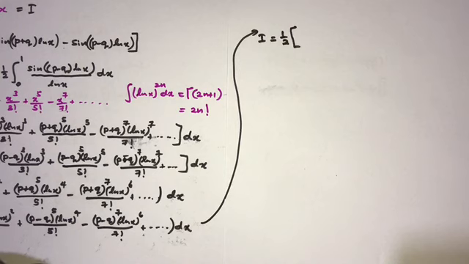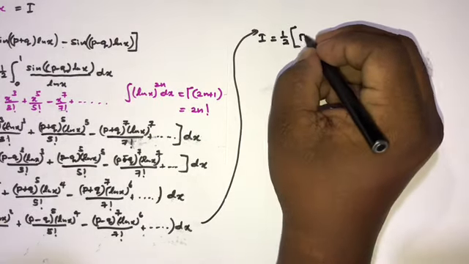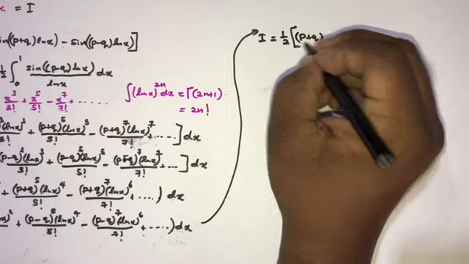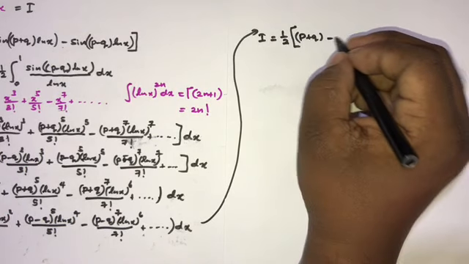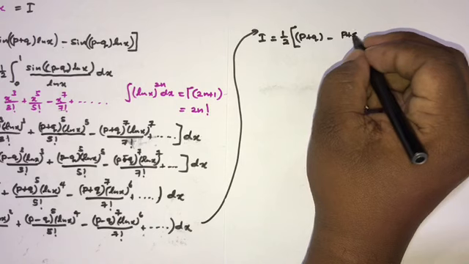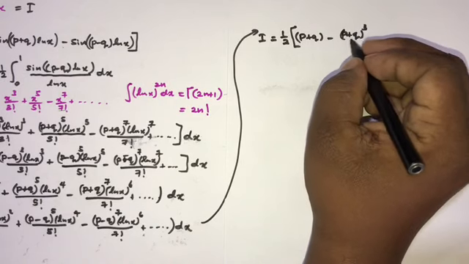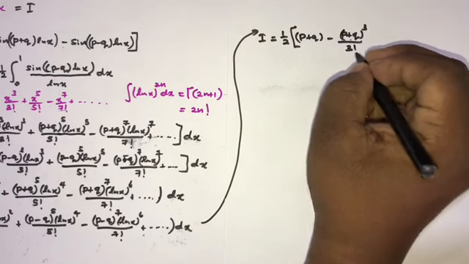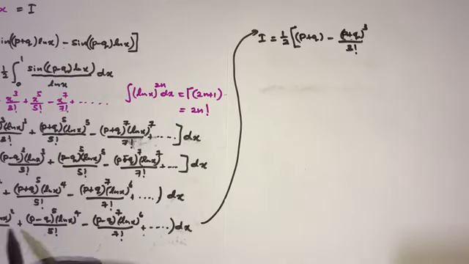So the integration of dx, we know is only x, from 0 to 1 we know 1, so we will have only p plus q. So here p plus q minus, then here we have (p plus q) raised to the 3 power over 3 factorial and natural log of x square.